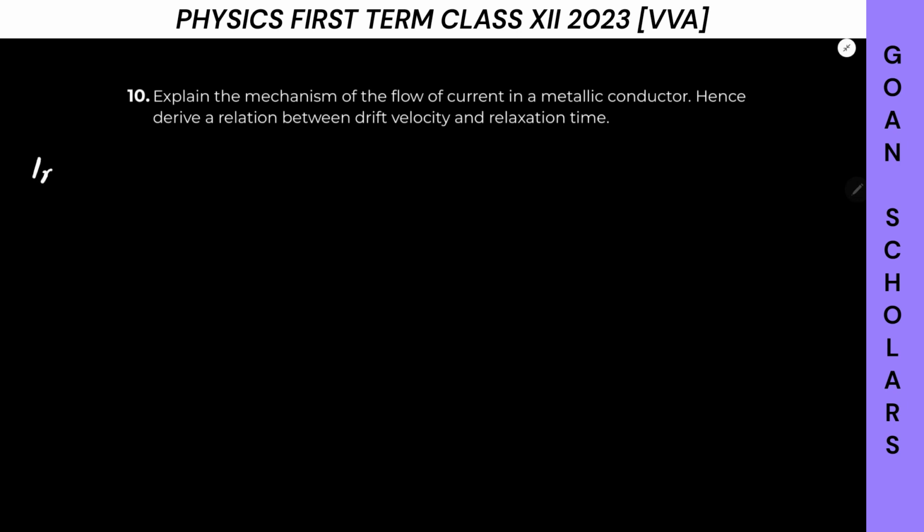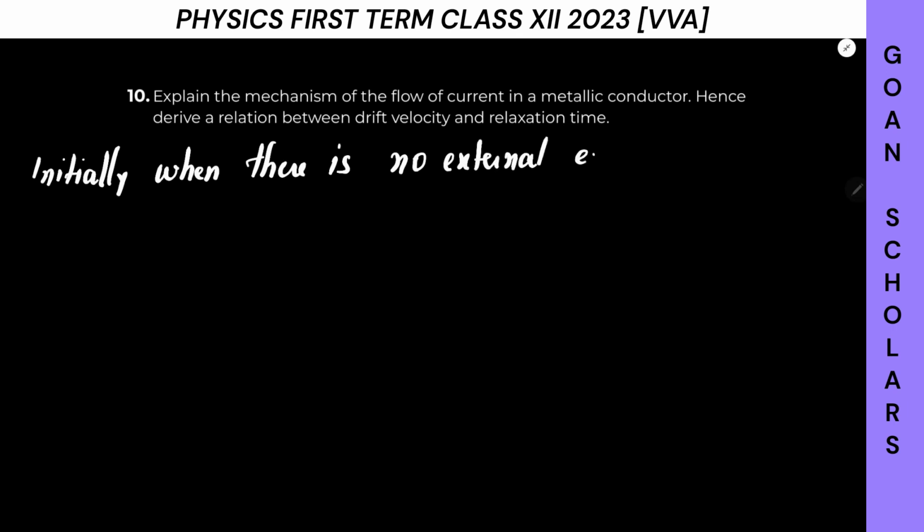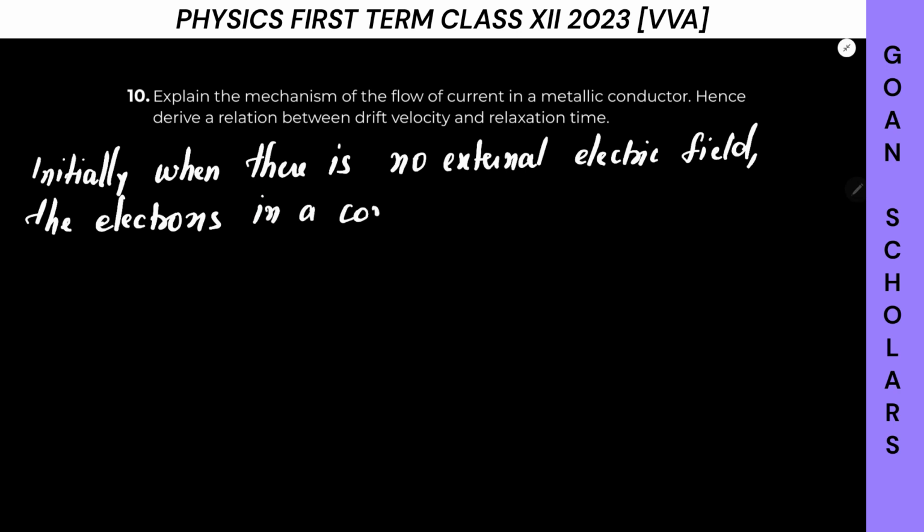Initially, when there is no external electric field, the electrons in a metallic conductor are oriented in random directions.